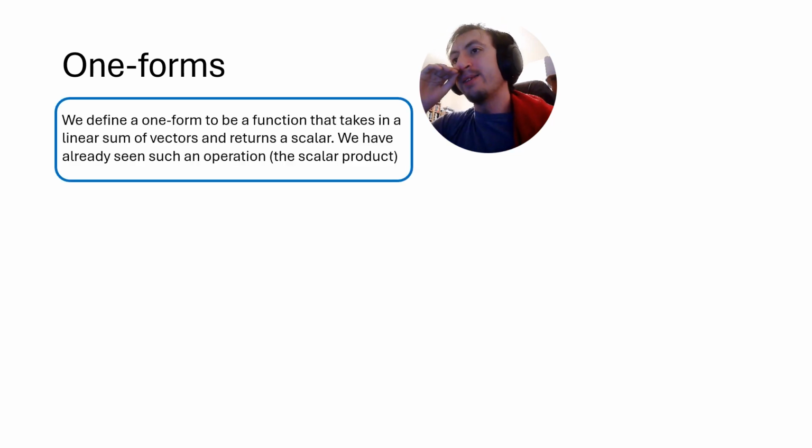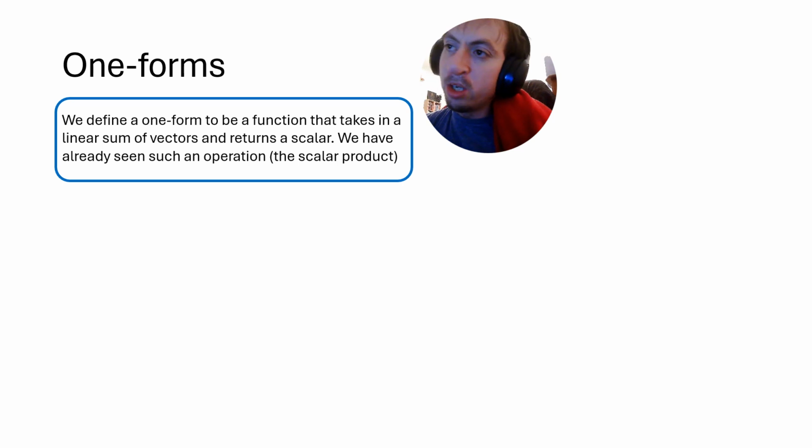But what is, more generally speaking, a one-form? If I give a most general overview of it, in case we encounter other kinds of one-forms during this playlist: a one-form is a function that takes in a vector and gives you out a scalar quantity.